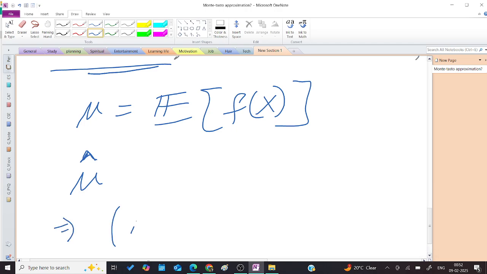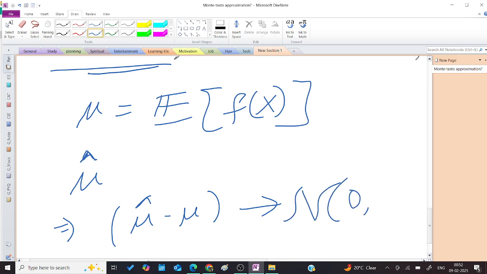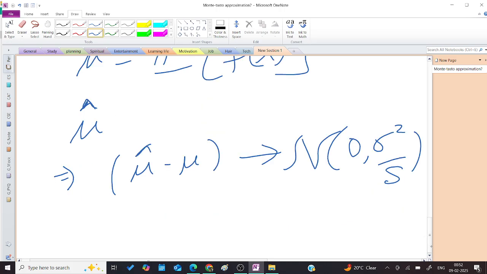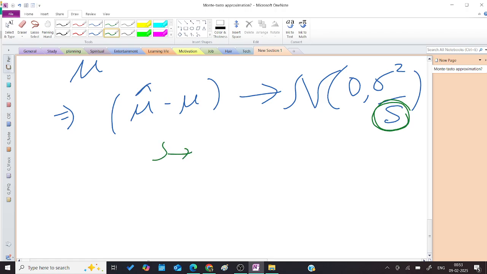Then mu hat minus mu is nothing but a Gaussian distribution with mean 0 and variance sigma square by S. So if S increases, the variance decreases, and if S tends to infinity, the variance tends to 0.